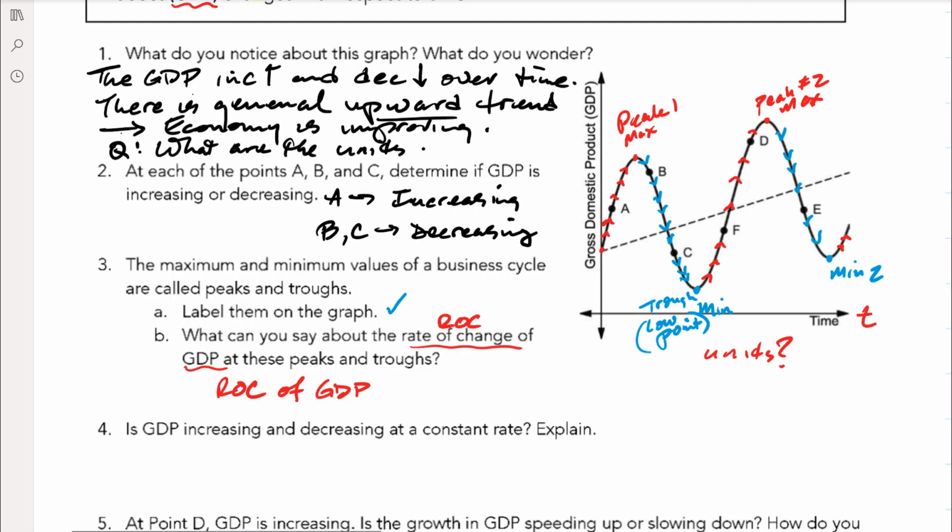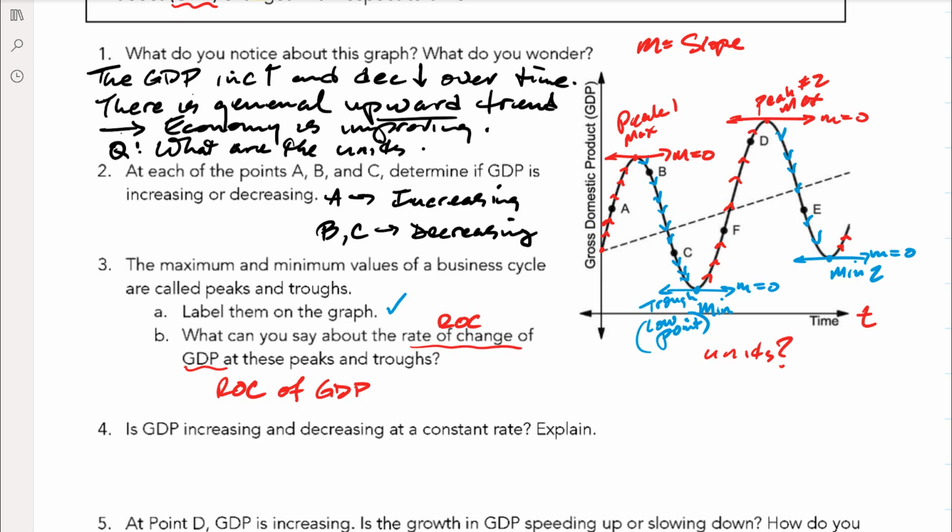Right here at this first peak, I'm going to draw a tangent line, and I'm going to put down m equals 0, where m equals slope, so I don't have to keep on writing this. At the other peak, the tangent line has a slope of 0. At the minimums, or the troughs, the slope is 0 here, and over here, the slope is 0 here.